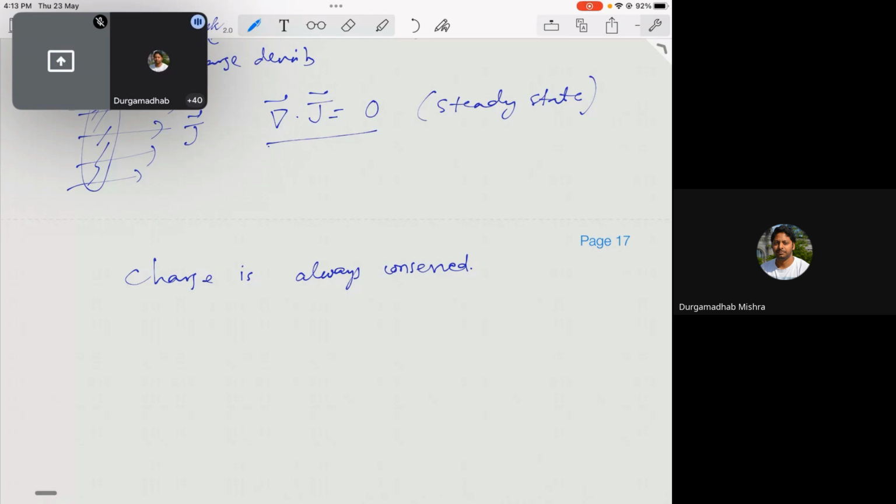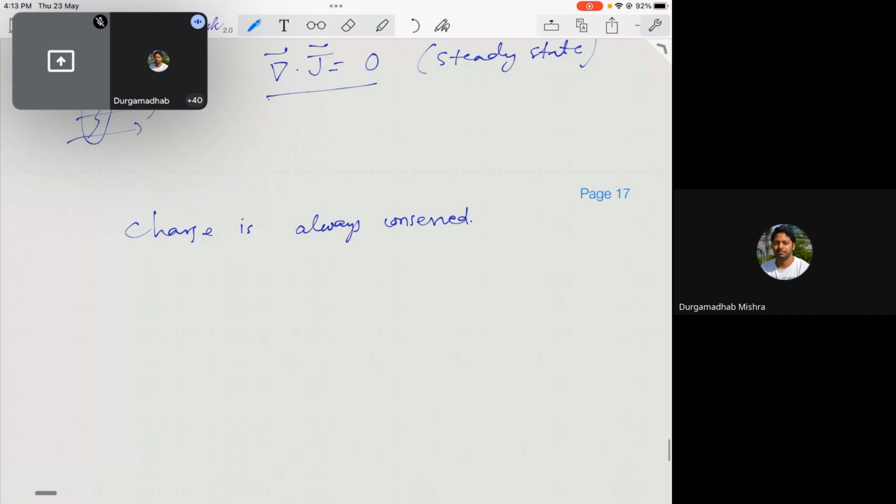What it means is that if I take any volume enclosed by a surface S, the current through this enclosed surface will be, let's say, the integral of J dot dS. This is the current that passes through the surface, which depends on the rate of change of charge that is inside.